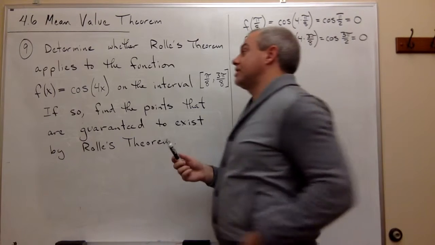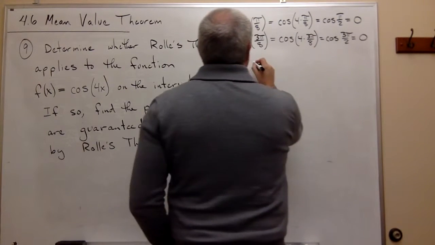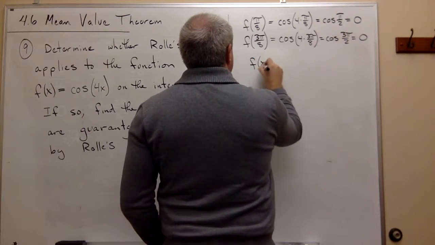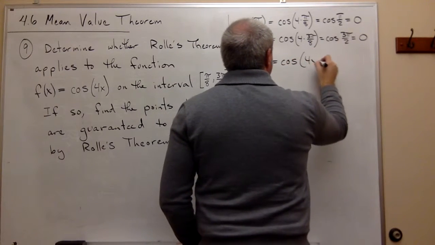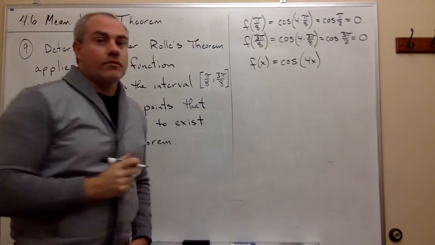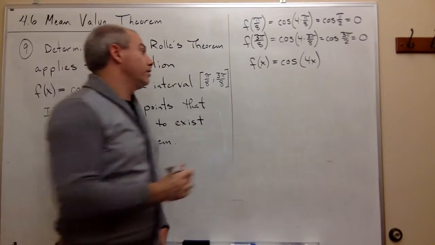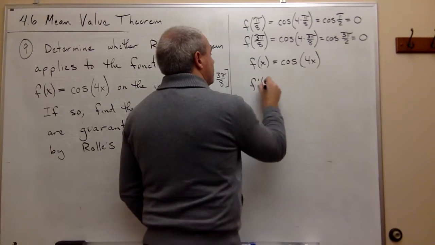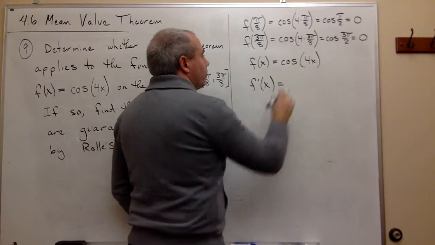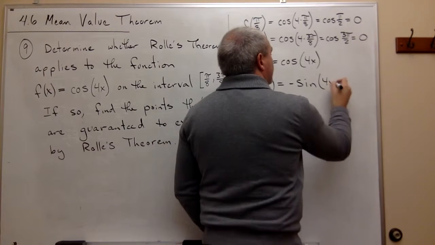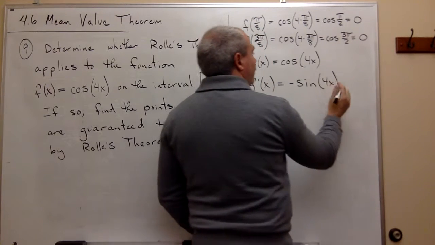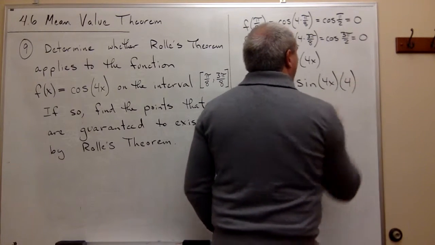All right, so let's take the derivative. So let me rewrite the function real quick. f of x is cosine of 4x. So the derivative, f prime of x, is equal to, well, the derivative of cosine is negative sine of 4x times the derivative of 4x, which is 4.